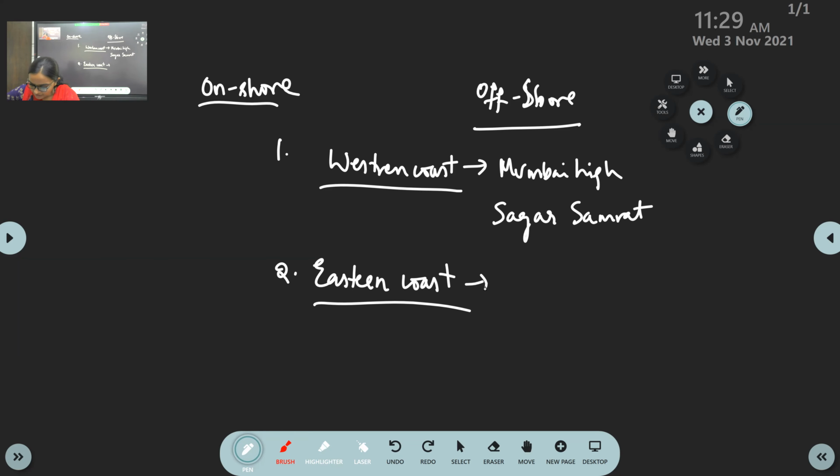Example, Rava field in the Krishna Godavari basin, KG basin.